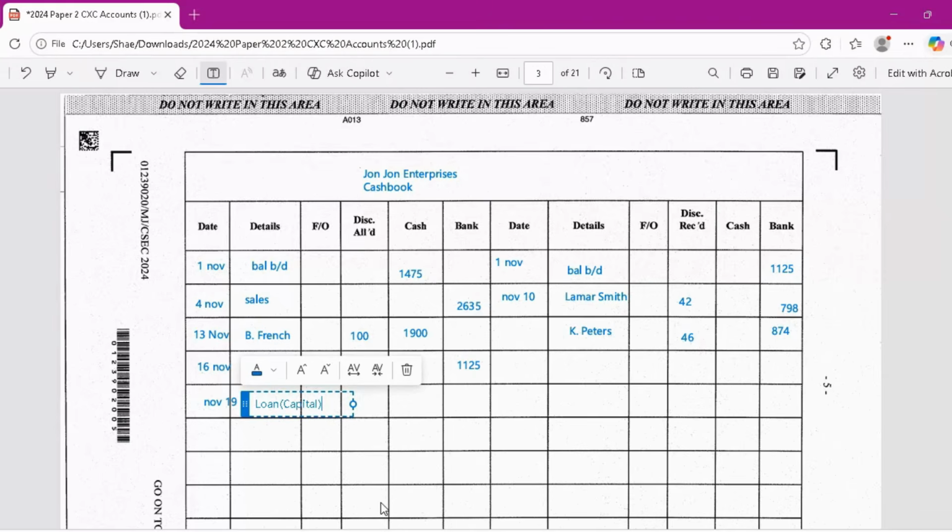All right, good. So $3,000 in the bank account from him. Then we move on to the next item.